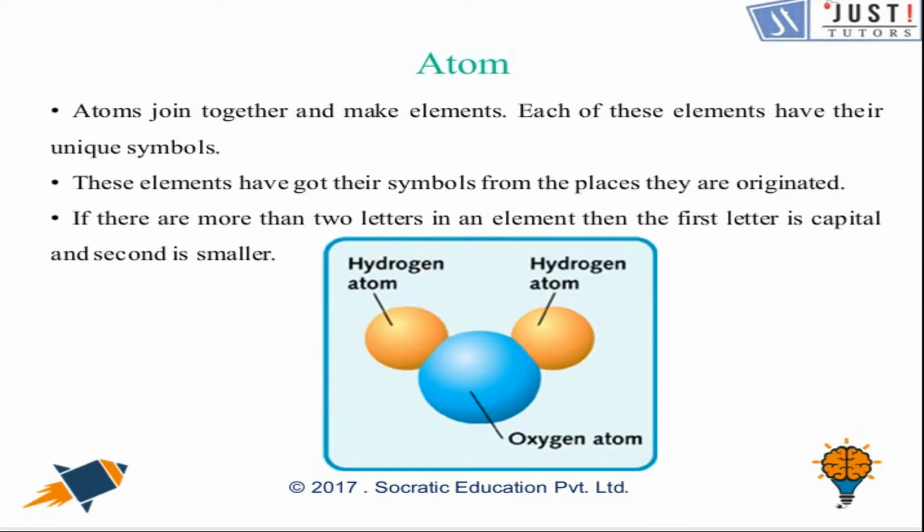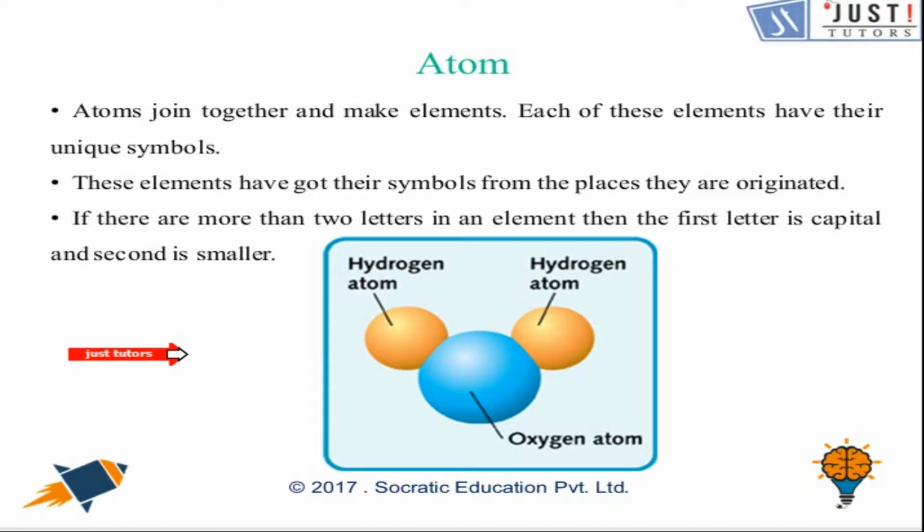Proceeding further, this slide talks more about atoms, that when they join together they make elements. Each of these elements has its unique symbol. Here in this picture you can see two atoms of hydrogen and one atom of oxygen make one molecule of water, or you can say H2O, that represents water.